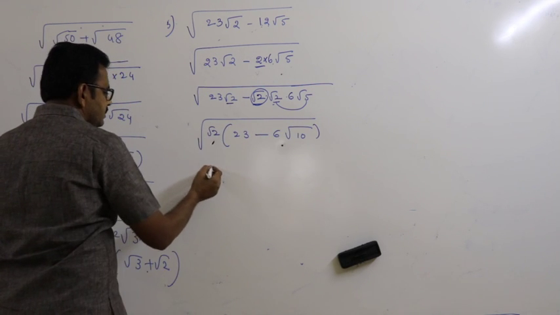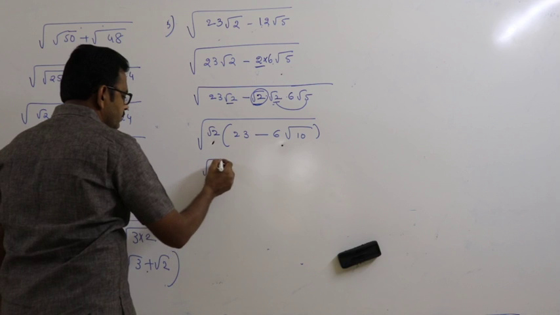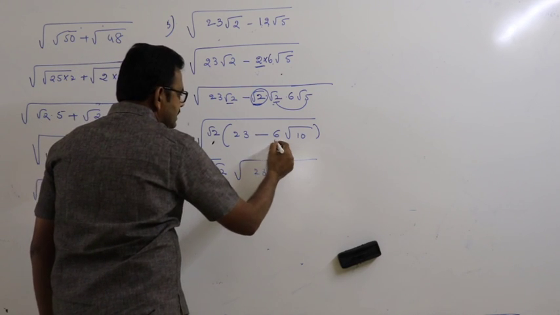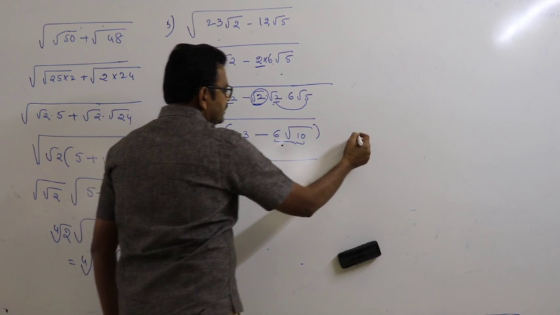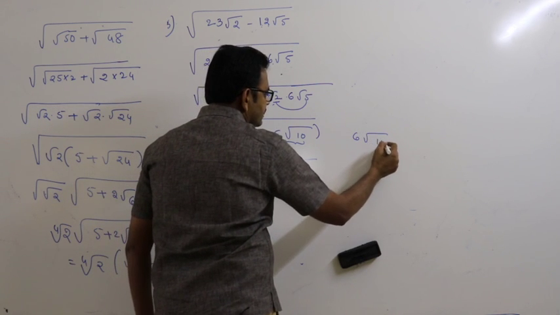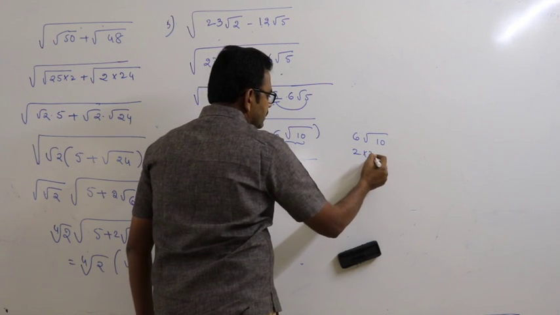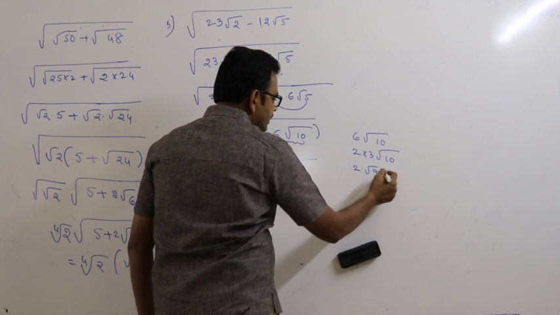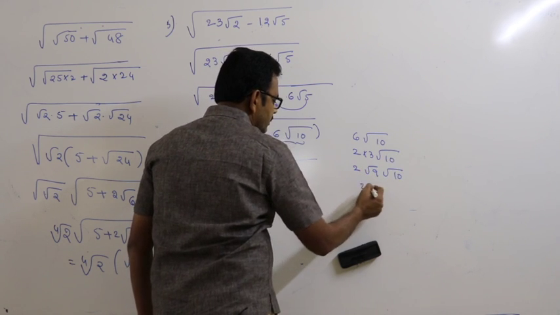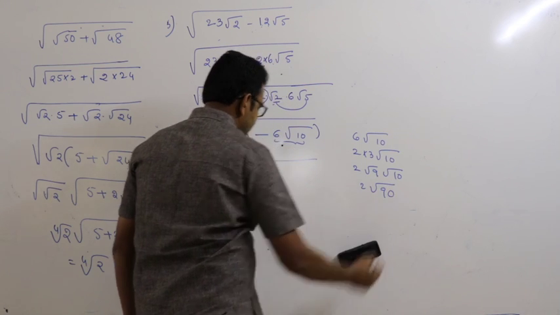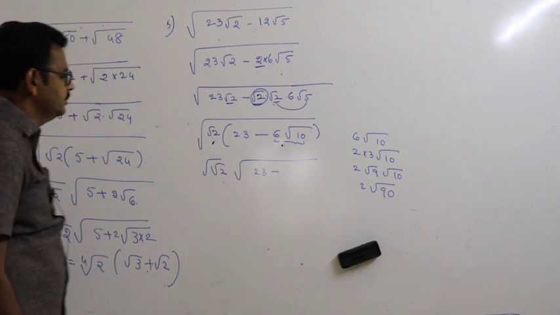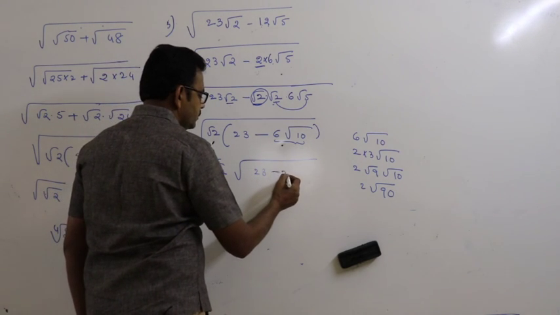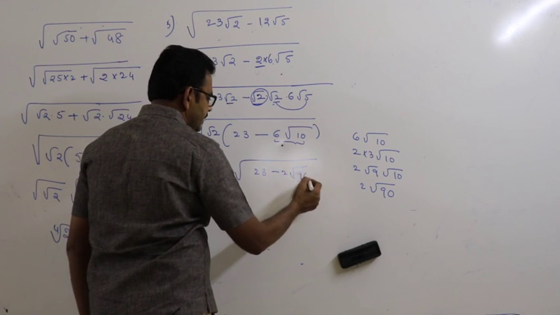Now 6 root 10 is 2 into 3 into root 10, 2 into root 9 into root 10, 2 into root 90. So this is 2 into root of 90.